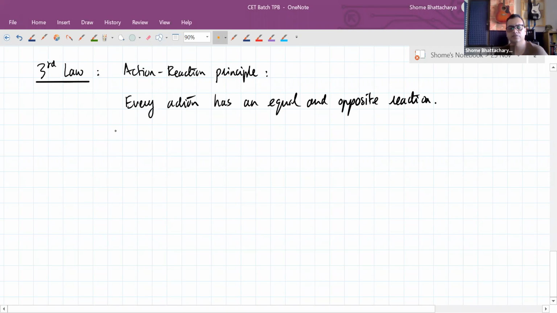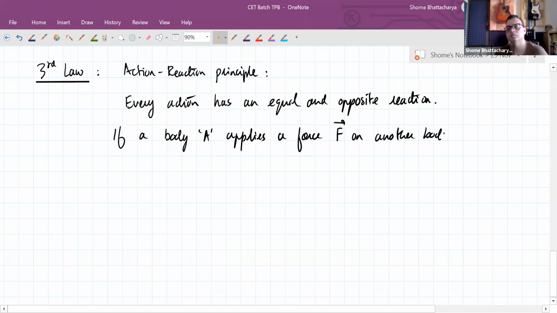So what it means is that if a body, let's say A, applies a force F on another body, let's say B, then B will apply an equal and opposite force.